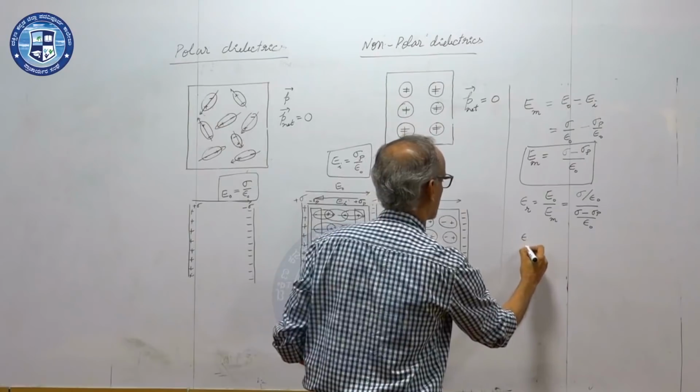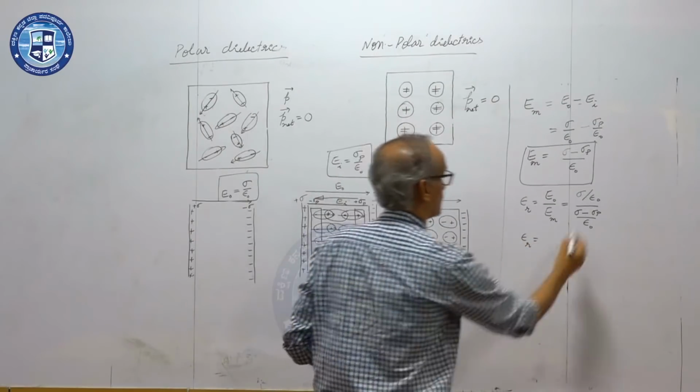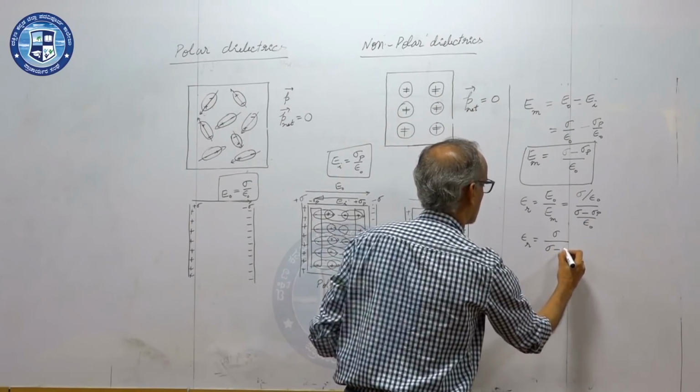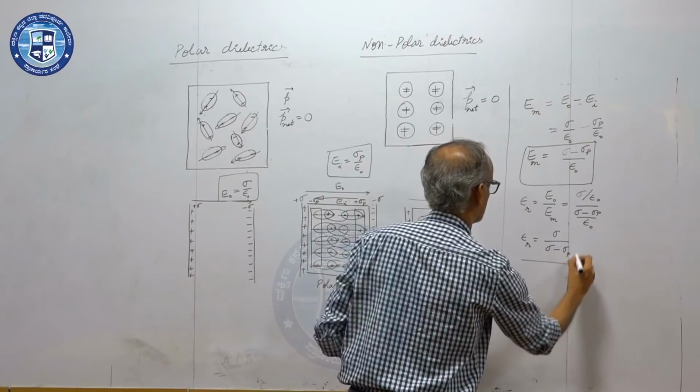So, the dielectric constant is equal to sigma divided by sigma minus sigma p.